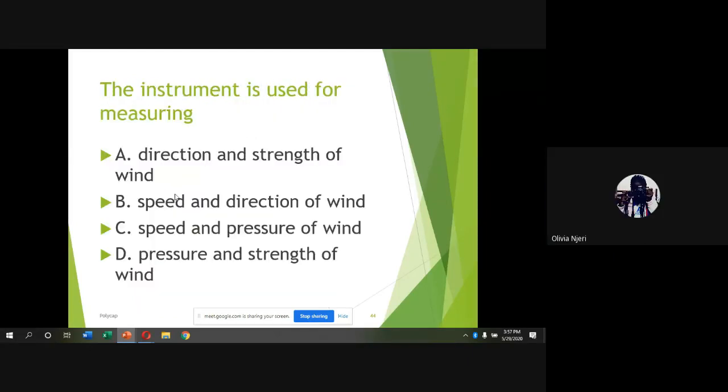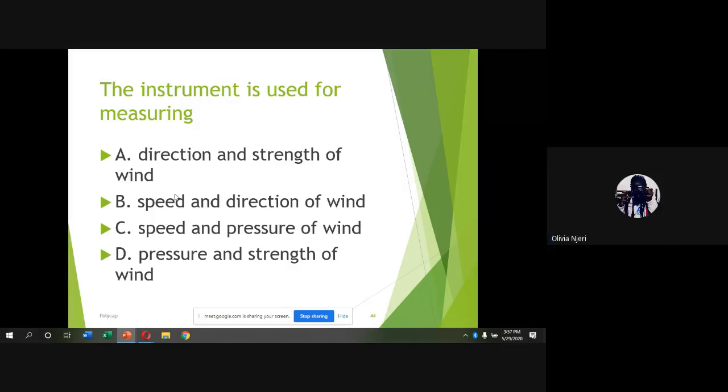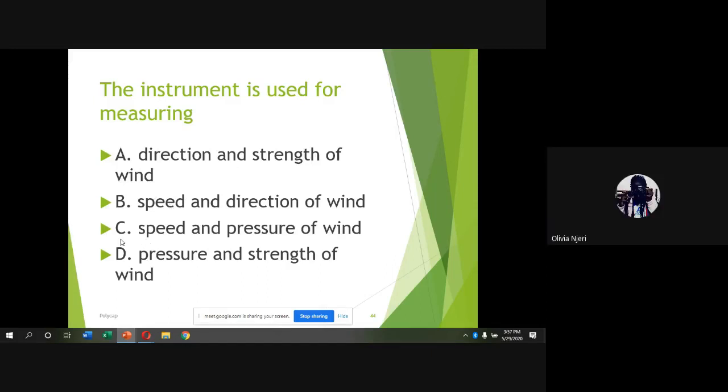The instrument is used for measuring: A, direction and strength of wind. That is correct. B, speed and direction of wind. Speed is measured by an anemometer and direction is measured by a wind vane. C, speed and pressure of wind.